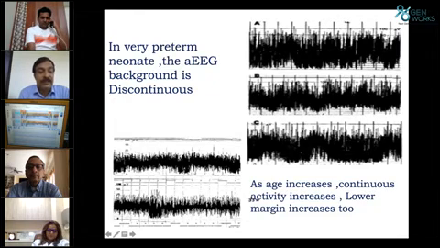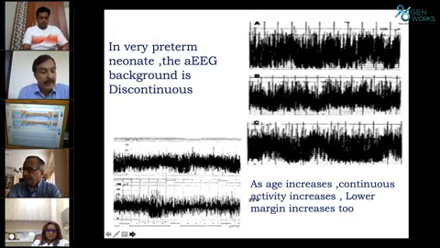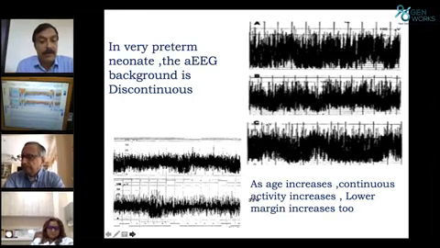And she has mentioned very beautifully something called the Barlow scoring, where the background continuity, cycling pattern, the amplitude of the lower border, and the bandwidth are scored. I can see here the bandwidth and the amplitude of the lower border.